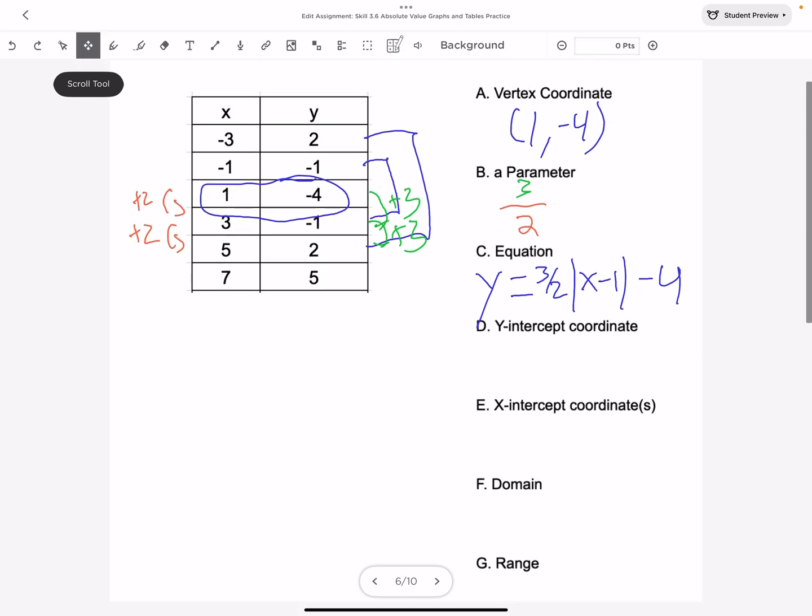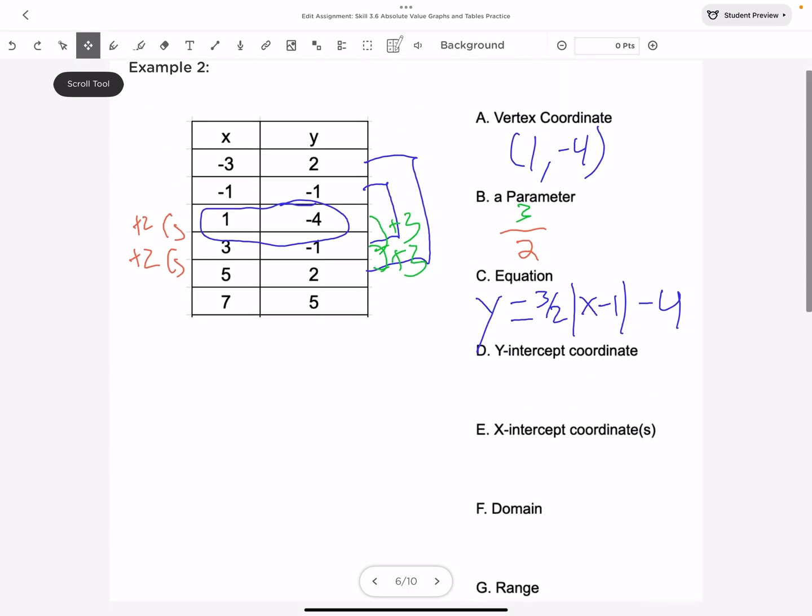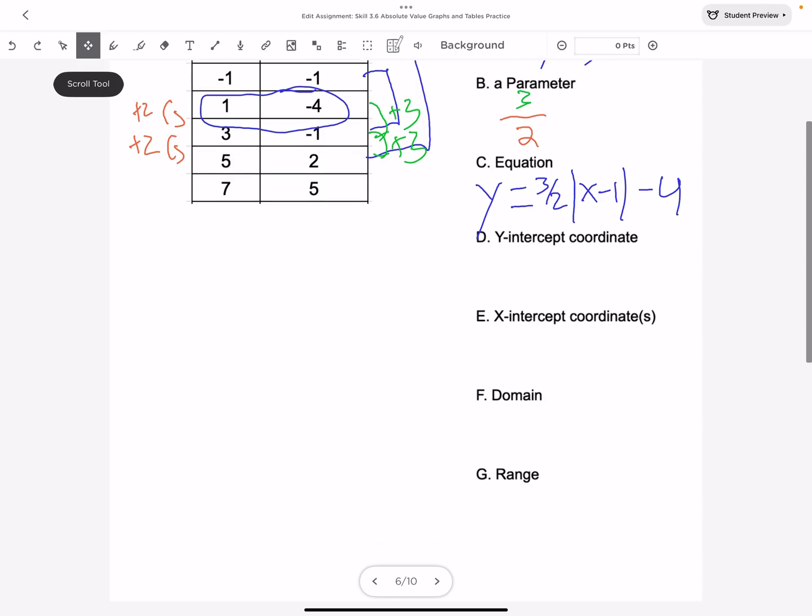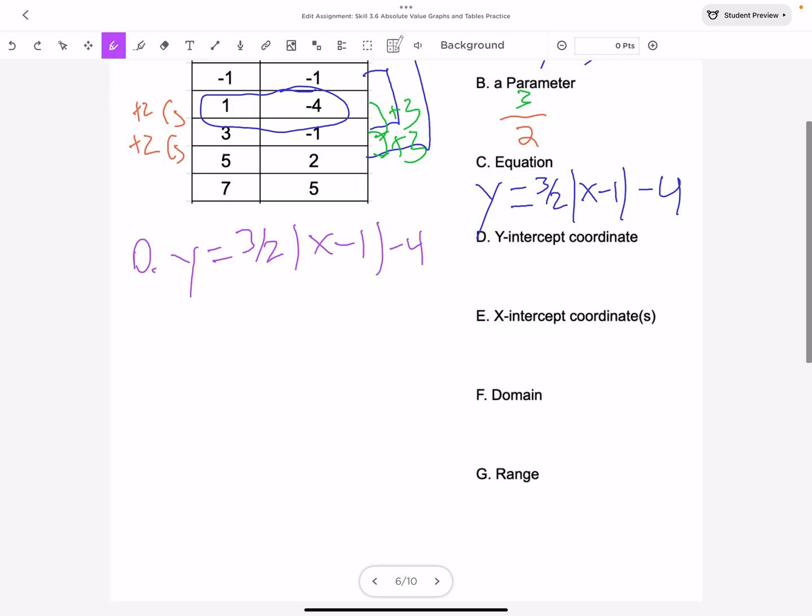So for the y-intercept, I can't just look at the table and tell what my y-intercept is. So what I can do is plug 0 into x. And so y is equal to 3/2 times the absolute value of x minus 1 minus 4, and we put the 0 into x.